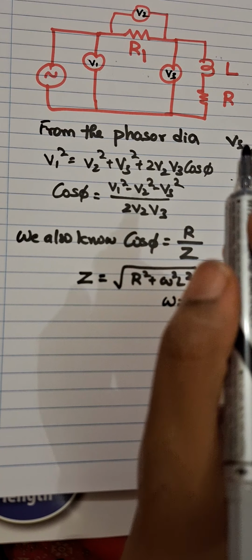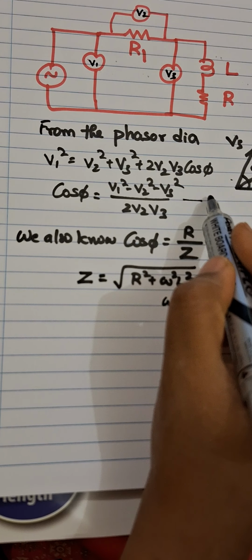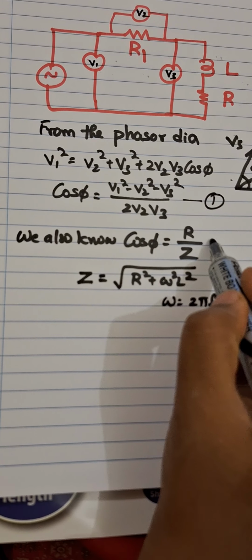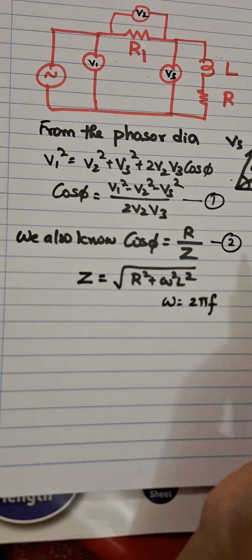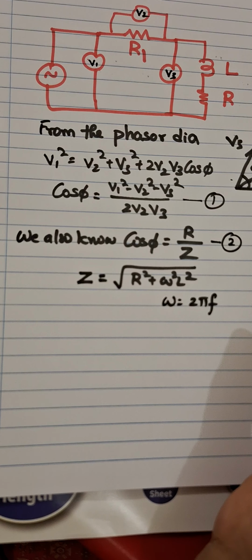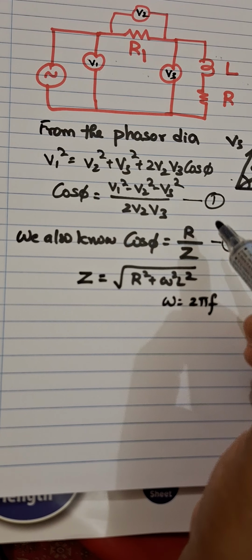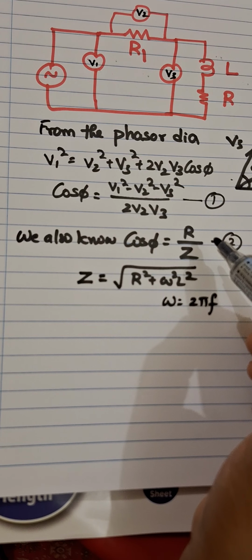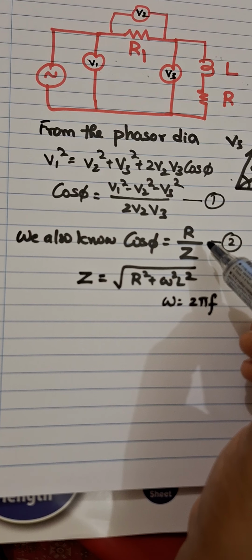So now you can say this is equation 1 and this is equation 2, isn't it? From equation 1 and equation 2, I want to equate the solutions.